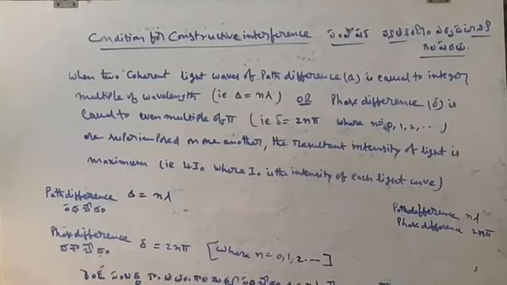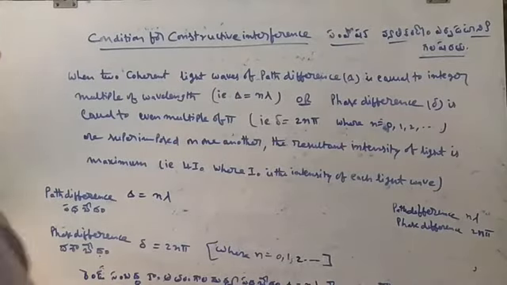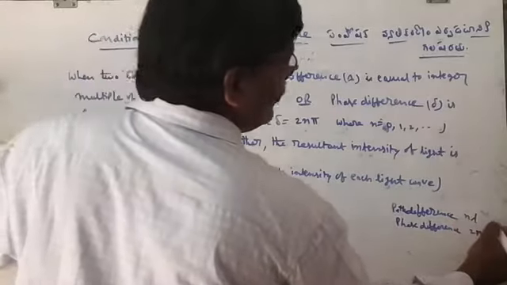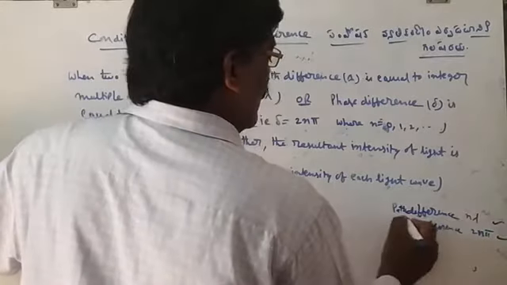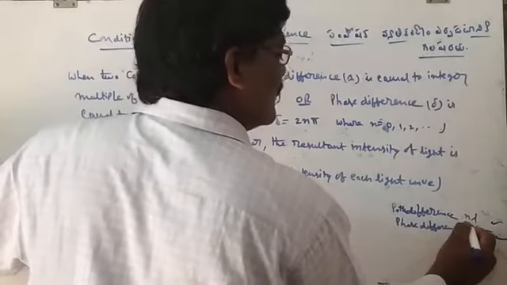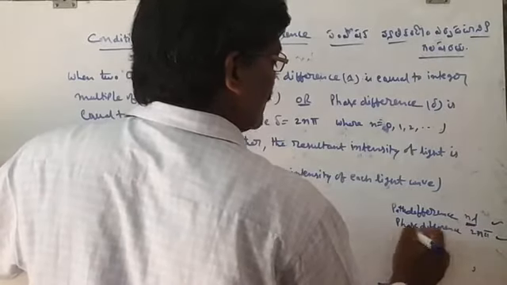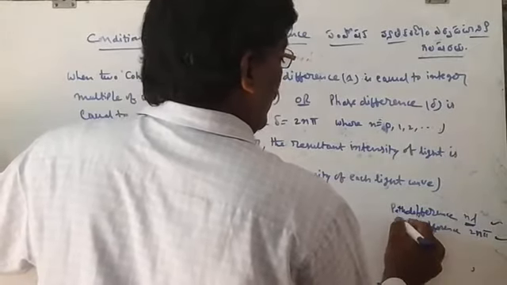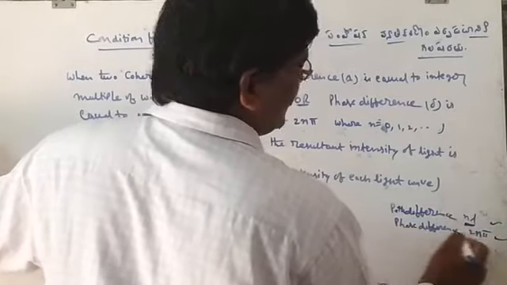The resultant intensity of light is maximum. This is the condition for constructive interference. Path difference must be nλ, or phase difference 2nπ.